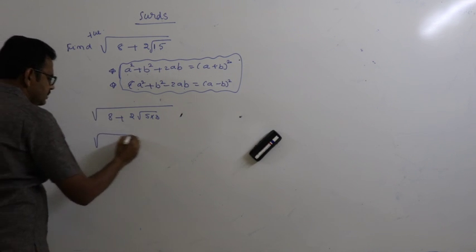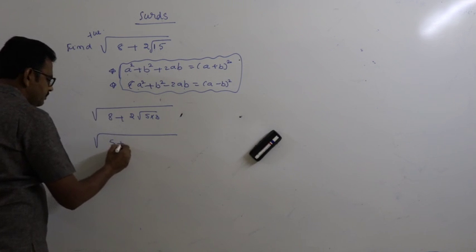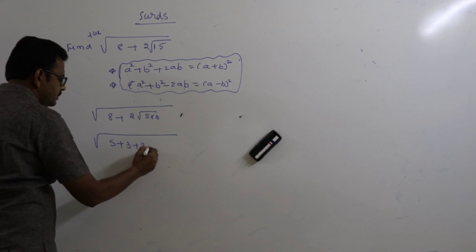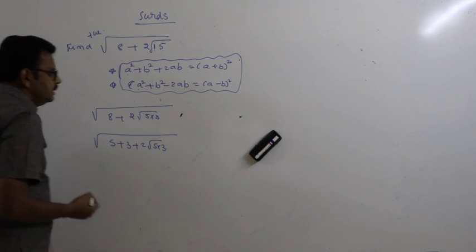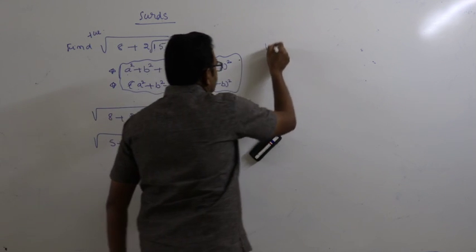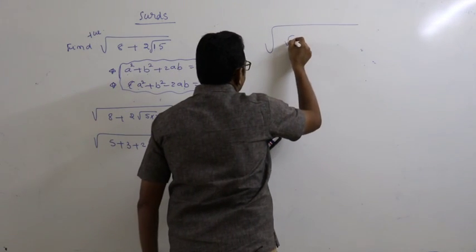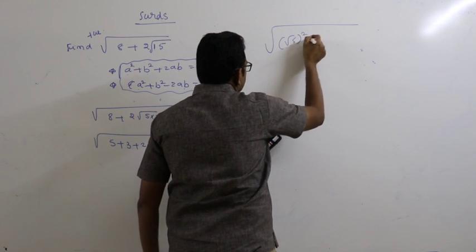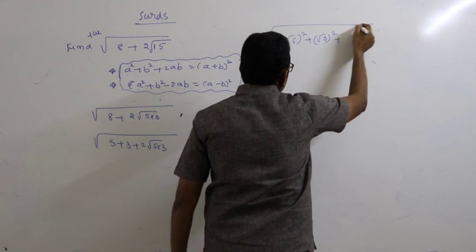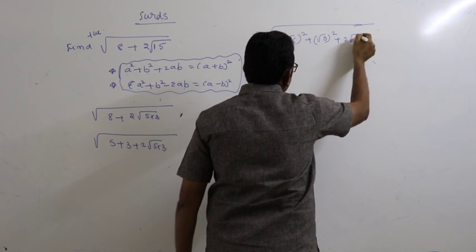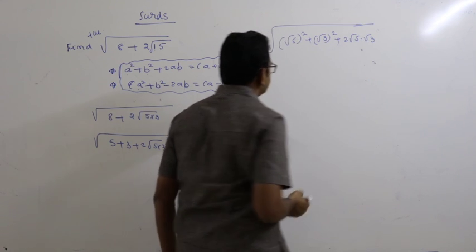So write 5 plus 3 plus 2 into root 5 into root 3, that is the square root of root 5 whole square plus root 3 whole square plus 2 into root 5 into root 3.